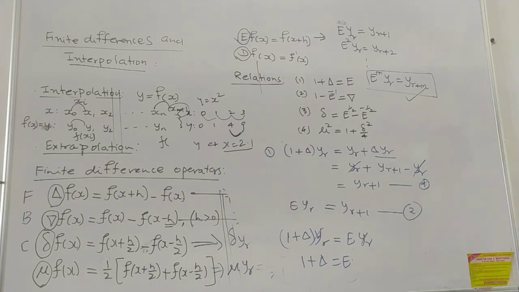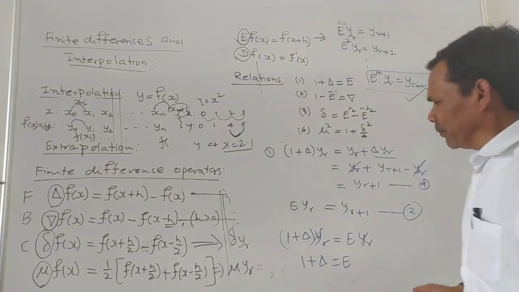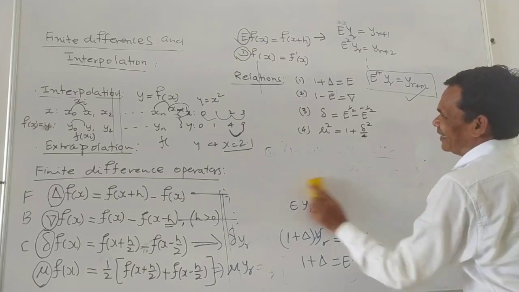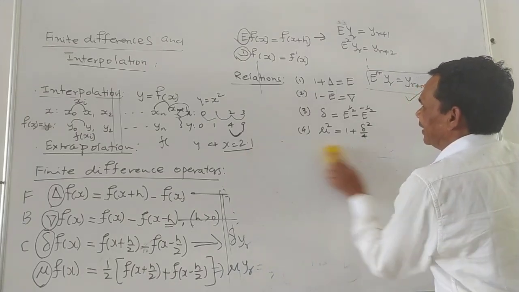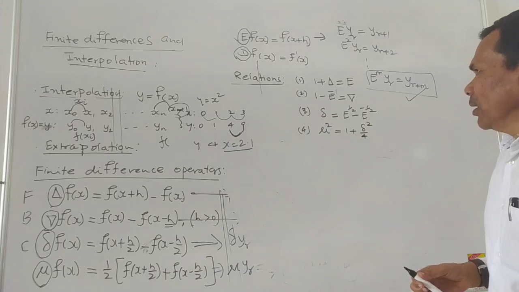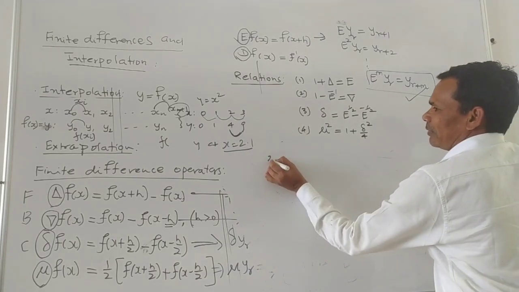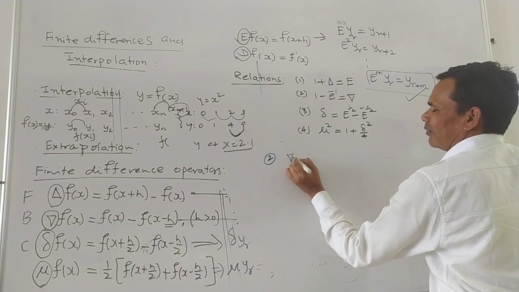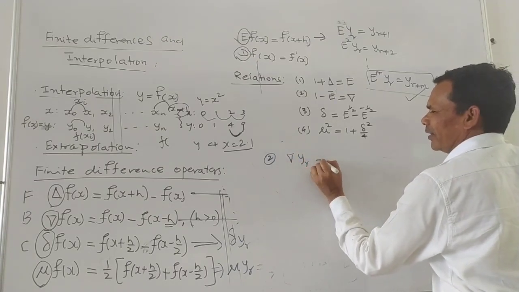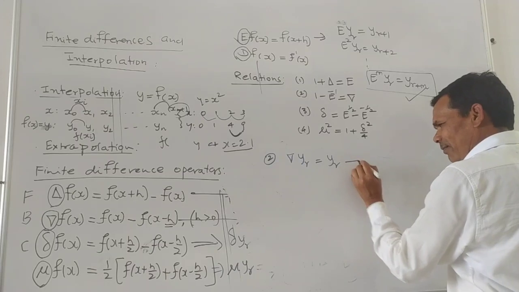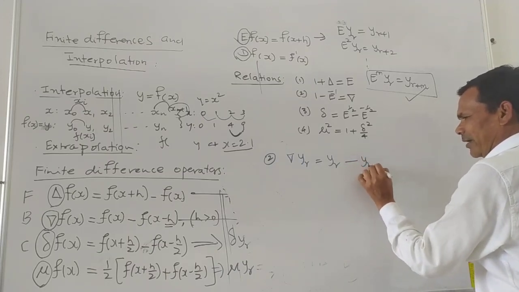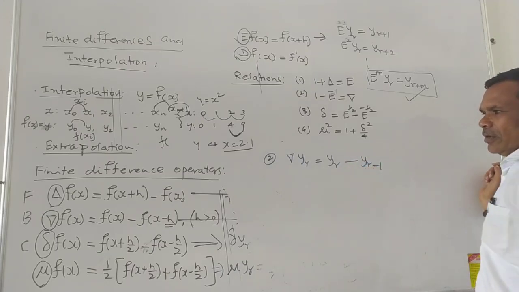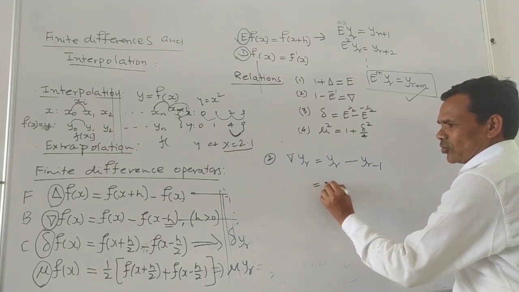Similarly, you can prove the next relation, the second relation: 1 minus E raised to minus 1. In short, I will prove these relations here. So I write del f of x, or del y r, as y r minus y r minus 1. This is the backward difference operator.